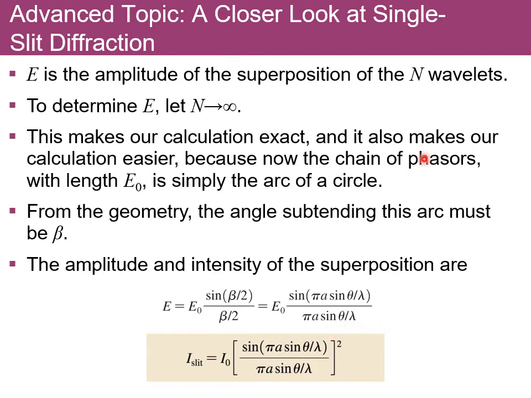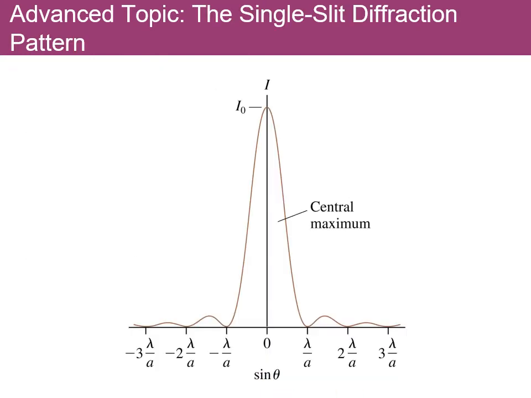And the intensity of the superposition is I naught times the quantity squared of sine of pi a sine theta over lambda divided by pi a sine theta over lambda. Here is the resulting intensity of the single slit diffraction pattern.